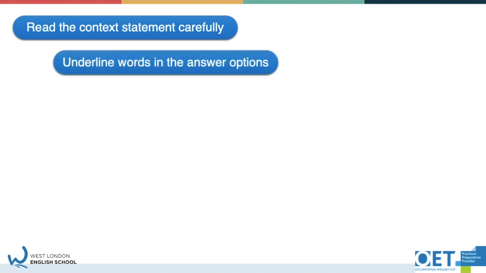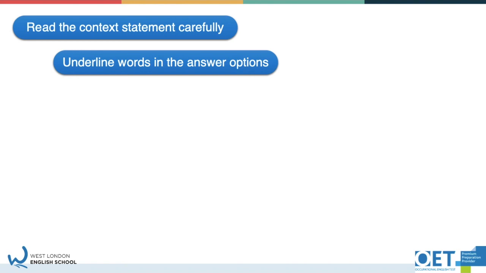Okay, so for part B, it is important that you first of all read the context statement carefully, as this is going to give you a general idea of what the listening is going to be about. It focuses your attention on who is speaking and where the people are, or where the person is.